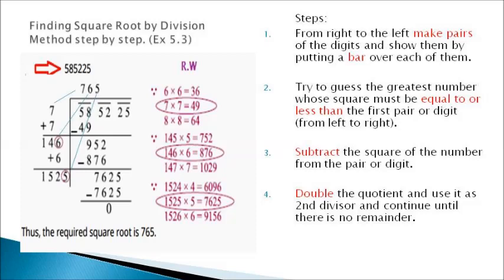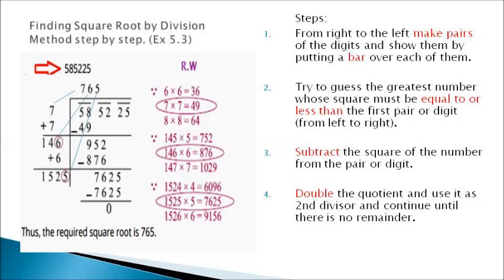Now look at the divisor. In this step we will double the quotient and use it as the second divisor. So previously we had 7, we will double it, which will be 14. Now we have to decide the next digit with 14 that should be the same in this step and in the quotient. So through trial and error we will try a number that is going to be close or equal to 952.